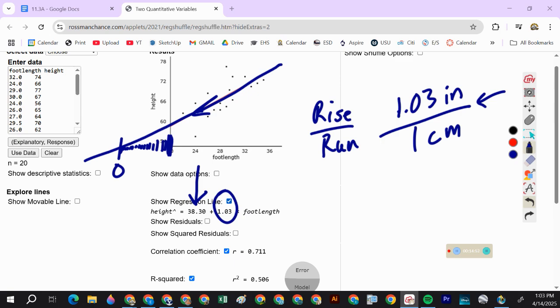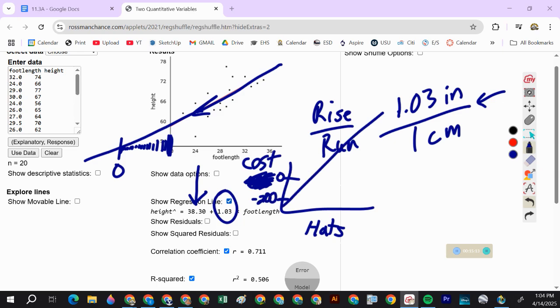Okay. Now let's say you had a graph where you were making hats. Okay, then you had a 0, and you had negative 200. Anyway, you had a graph like this.